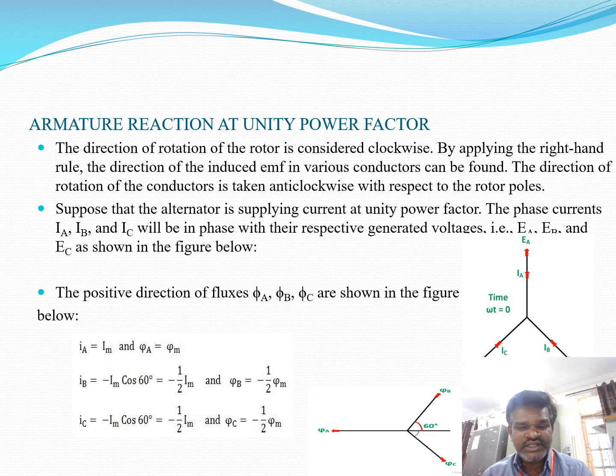The direction of rotation of the rotor is considered clockwise. By applying the right hand rule, the direction of induced EMF in various conductors can be found. The direction of rotation of conductors is taken anti-clockwise with respect to the rotor poles. Suppose that the alternator is supplying a current at unity power factor, the phase currents IA, IB and IC will be in phase with their respective generated voltages.